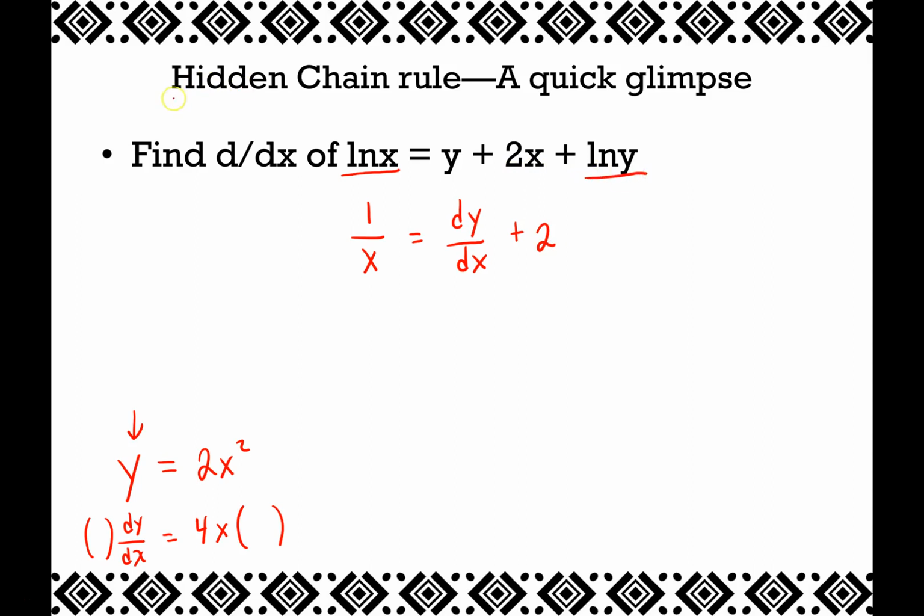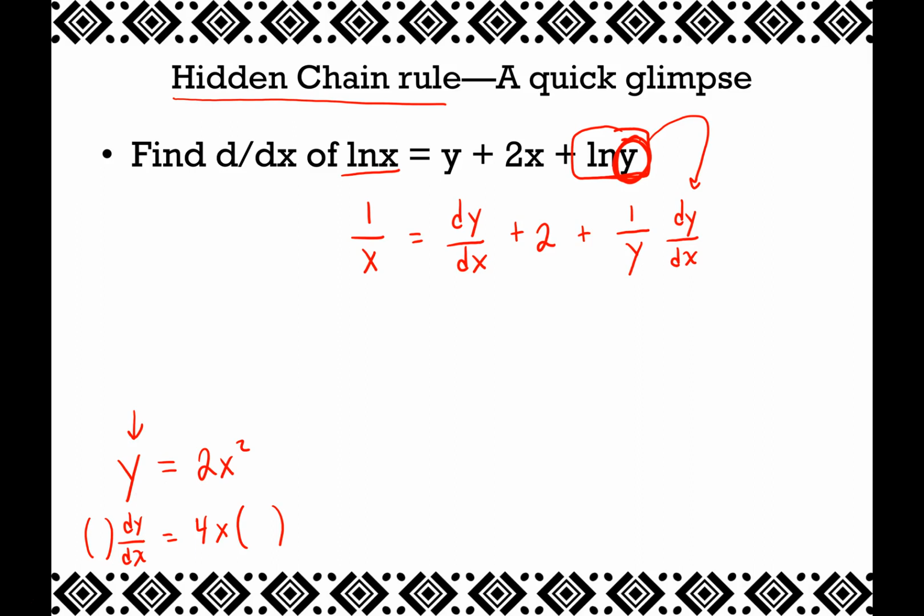My hint to you is that there is a hidden chain rule. The derivative of ln y is actually going to be 1 over y times dy dx. Essentially, we're taking the derivative of this and keeping our y, our inside, and then we're taking the derivative of our inside. That's like the chain rule, taking the derivative of our baby. What's the derivative of y? Well, like here, it's dy dx.